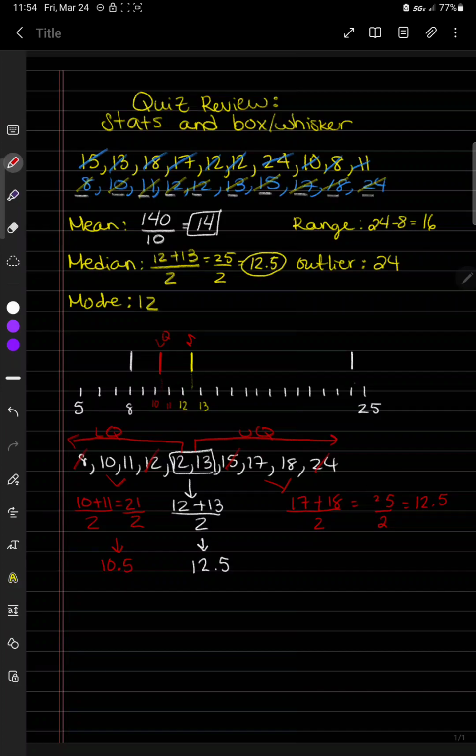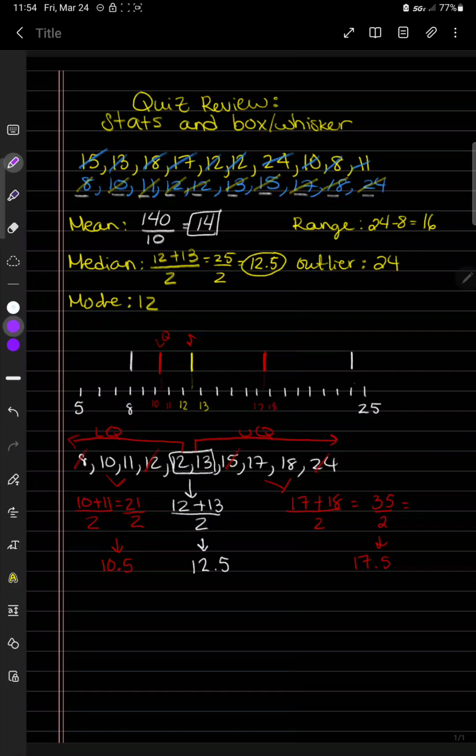This is 35. 35 divided by 2 is 17.5. So we do the same thing, 13, 14, 15, 16, 17. So this is 17, 18. So about in the middle would be here.